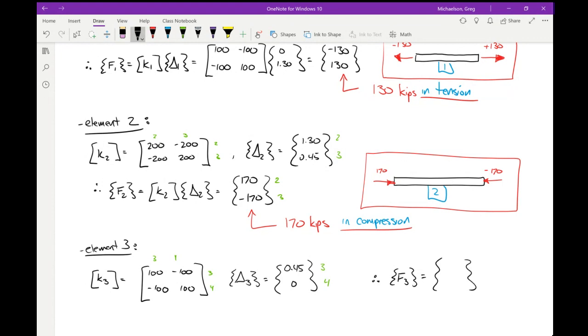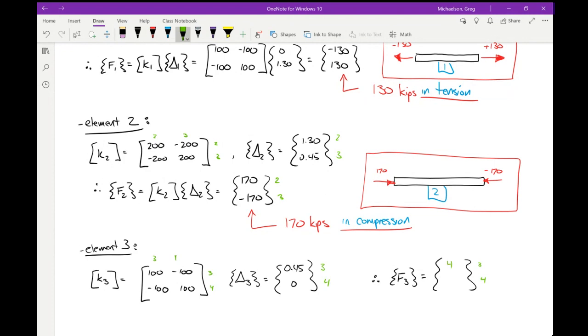I'm going to show you something that's really slick here in a bit. 45 and 45.